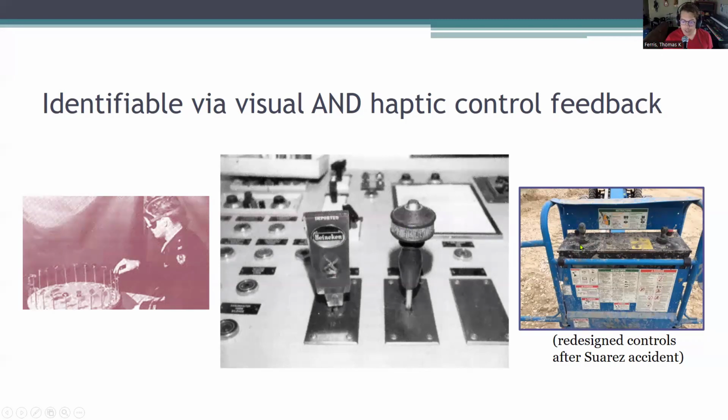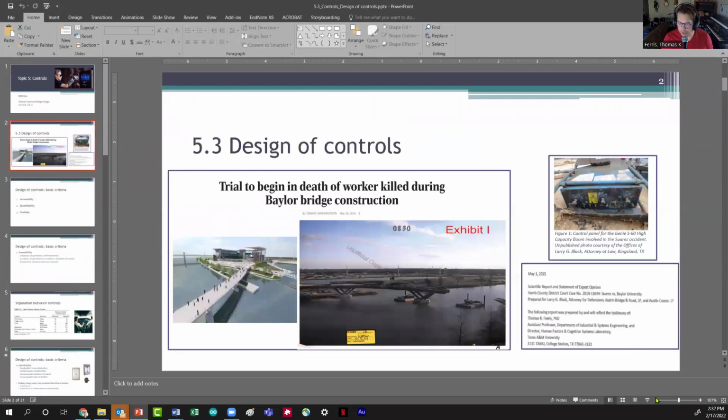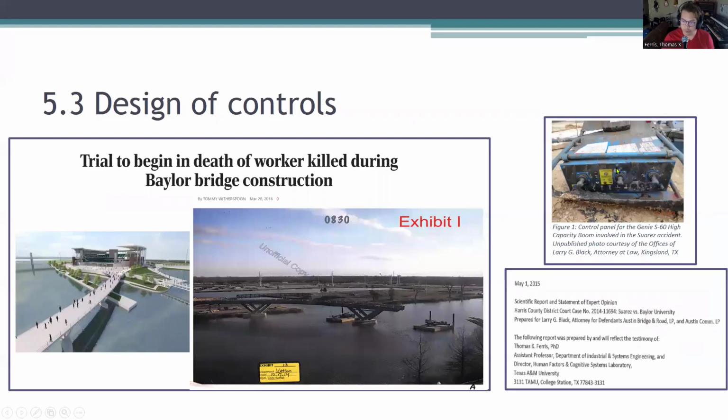I mentioned that Genie did redesign their controls, and so the main difference here is they no longer have the previous. Here, actually, I can show you. So the original, the accident one, this is literally the one they pulled out of the river, had 3 controls and all identical knobs or basically handles on those joysticks.